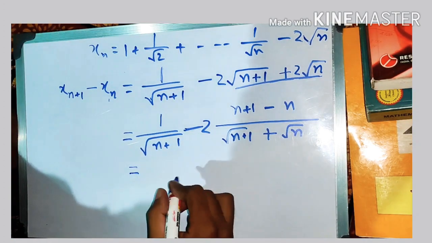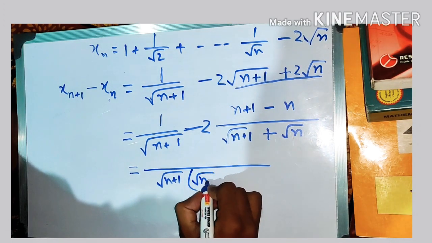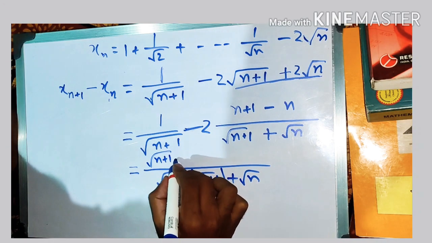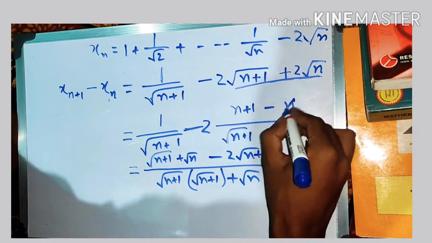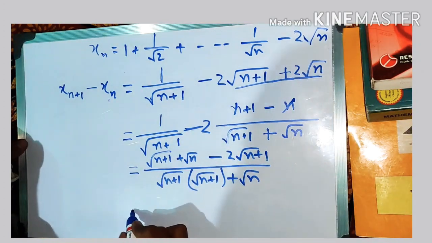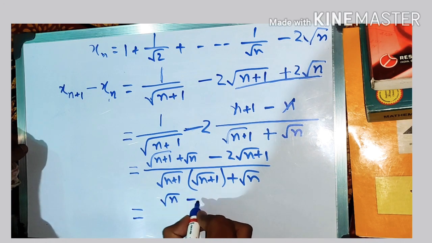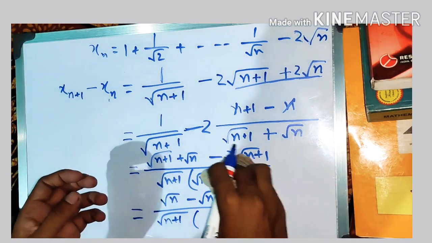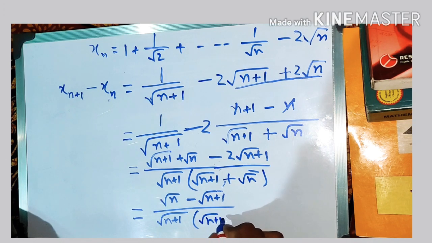Now we get root n minus root of n plus 1 over root of n plus 1 plus root n, and here only 1 remains.